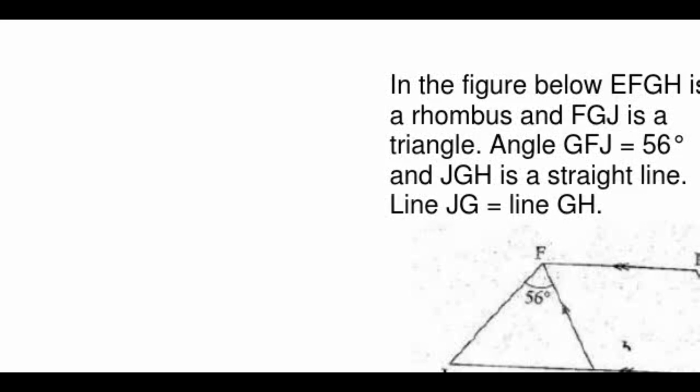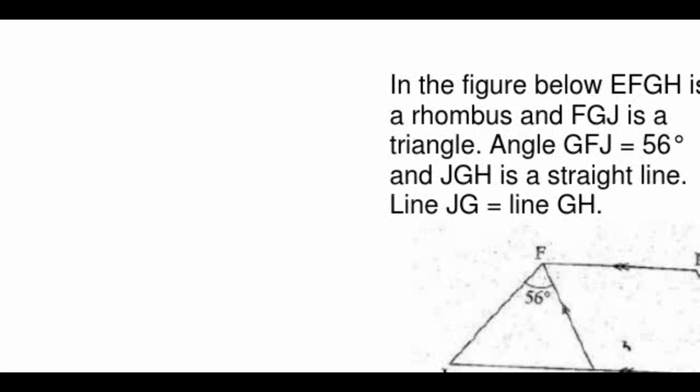In the figure below, EFGH is a rhombus and FGJ is a triangle. Angle GFJ equals 56 degrees and JGH is a straight line. Line JG is equal to line GH. What is the size of angle HEF? So we have 56.